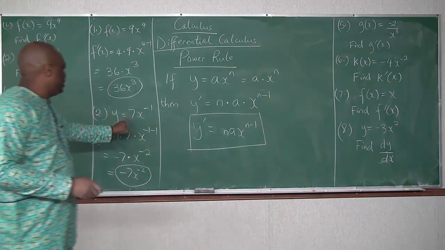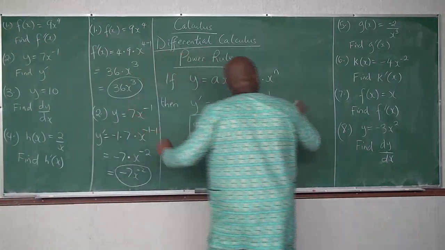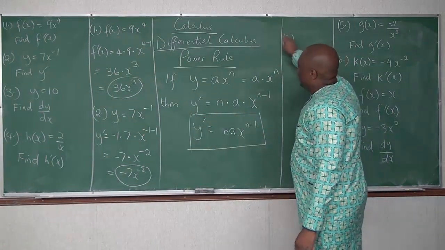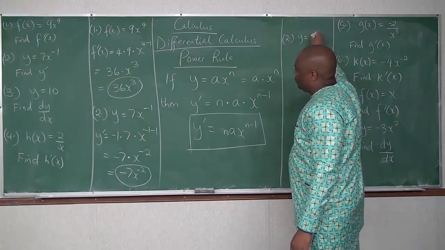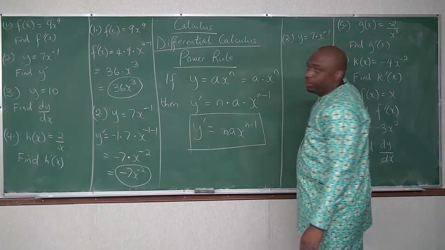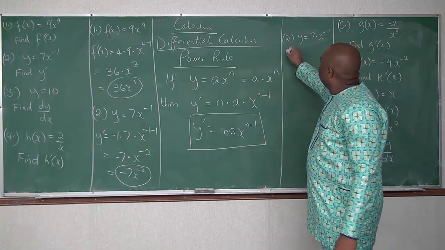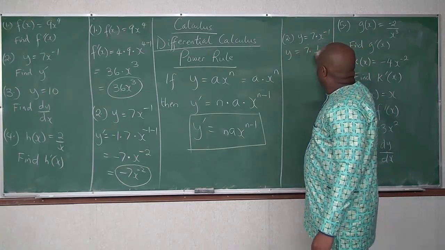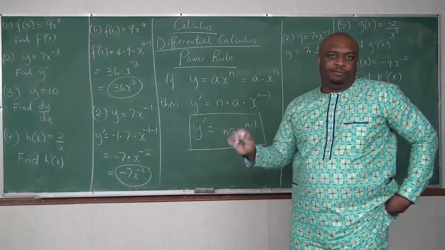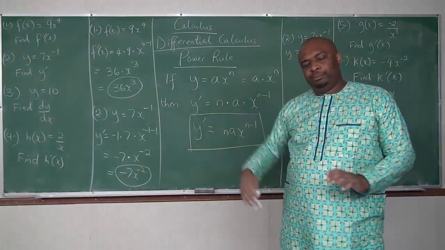I want to say something about number 2 here. What if they gave it to you y equal to 7 times x raised to power negative 1? You know that, right? So this is 7 times 1 over x. Because when you do exponents, and that reminds me, you will need to view videos on exponents.